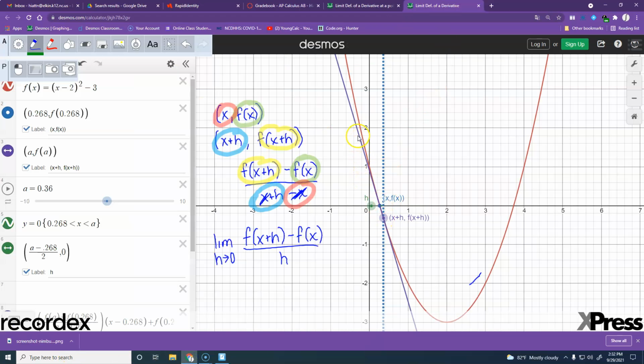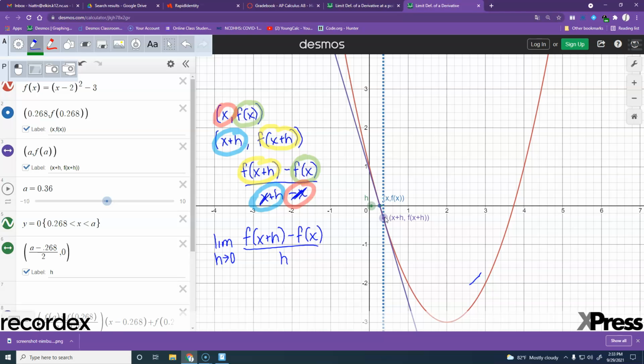So the tangent line is that line that touches just at one point. This one right here, which I would call purple. The slope of that line is your derivative at this particular point, wherever that point of tangency is. But isn't it constant?